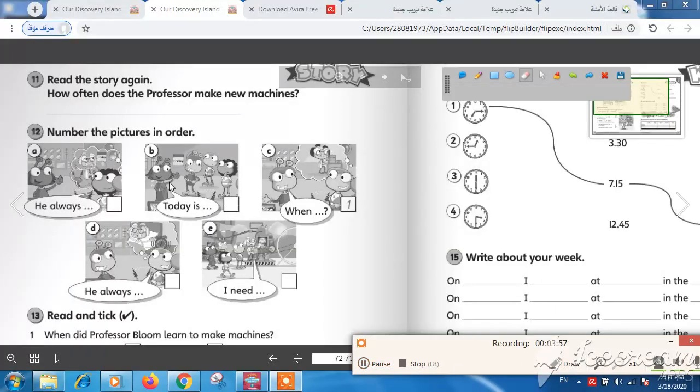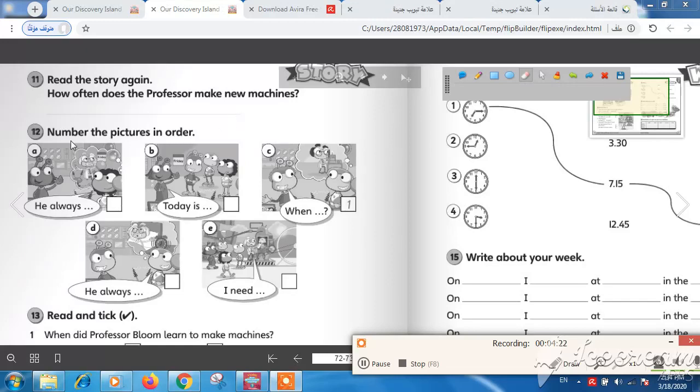In your activity book on page 72 you can find activity 11, 12, and 13. Look at the first part, the top one. How often does the professor make new machines? After reading, I think the answer is gonna be easy for you. He always makes new machines on Friday in the morning. That's the correct answer.